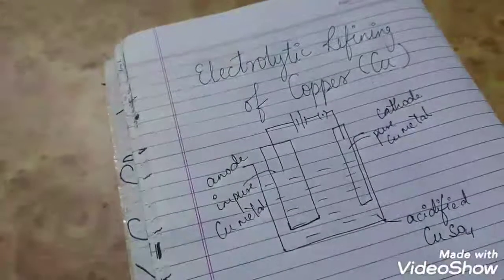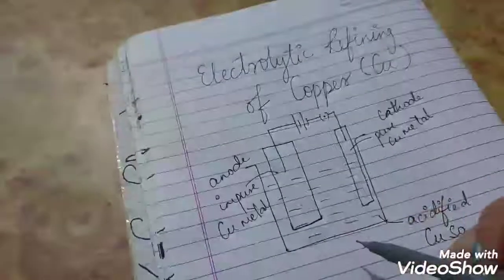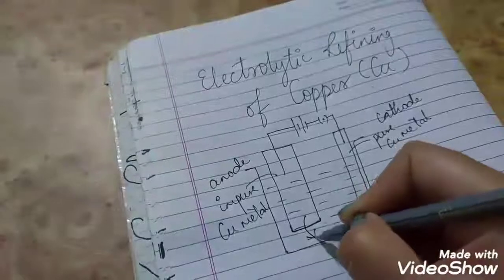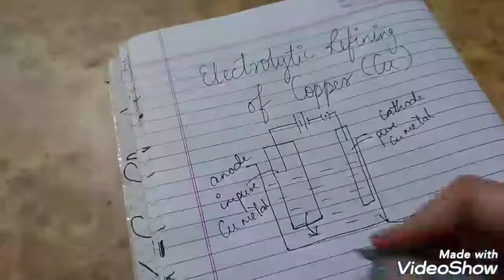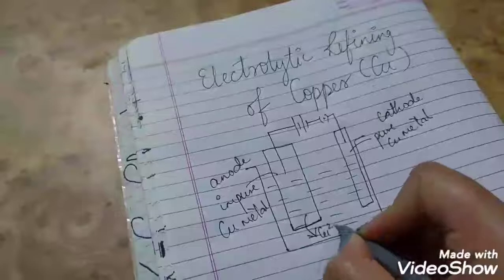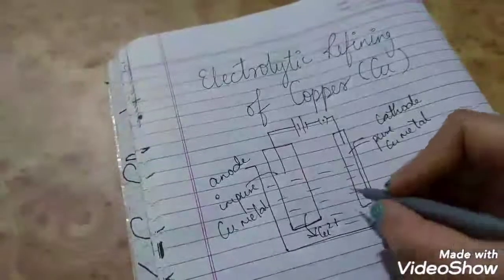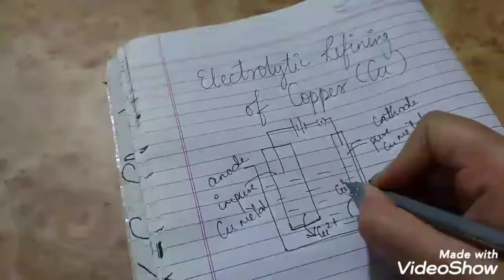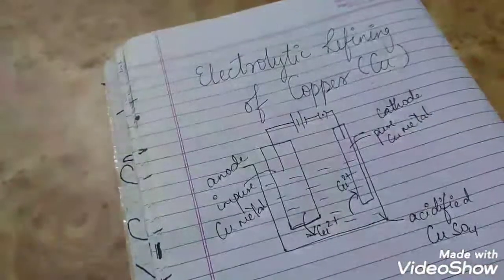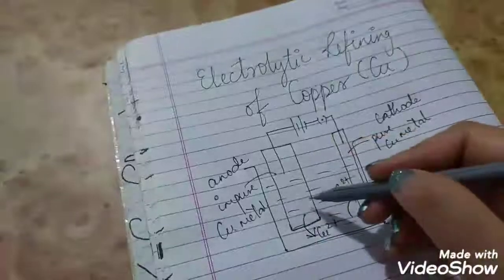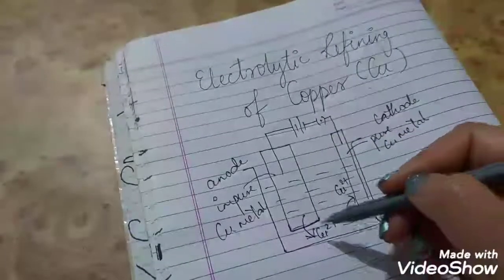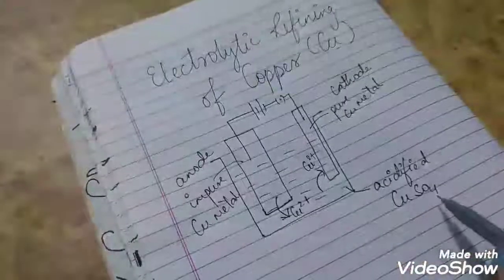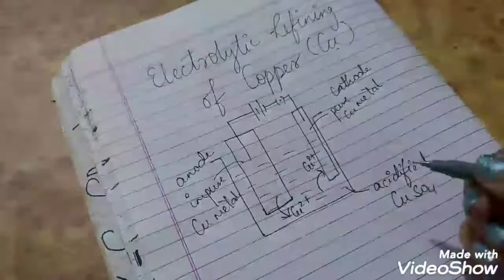Now let us study this in detail. See, on passing electricity, the copper metal from anode will come in the solution, the copper sulfate solution. So copper ions will come here, and from the solution the copper ions will start depositing on the cathode. Now how will it happen? See, when the copper ions from anode come to the solution, then these copper ions will react with the sulfate and form more copper sulfate.